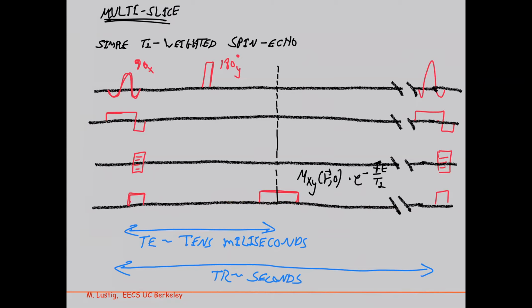And one of the reasons there's a problem is because this actually affects all spins in the entire volume, because it's non-selective. So what we could do perhaps is make this selective. If we make this selective, then you're not affecting all those spins, and maybe you could do something during that dead time. Okay.